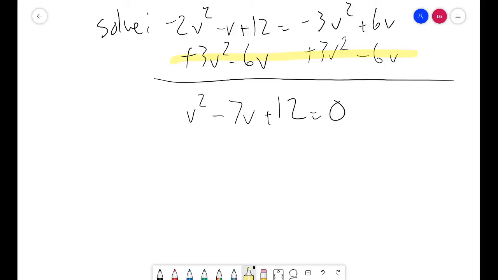We are taking off and putting on blocks, different sizes, but equal on both sides. So we're going to add a 3v squared block on the right and on the left. We're going to take away a 6v on the right and on the left. And therefore we maintain the equivalency. Oops. This factors.